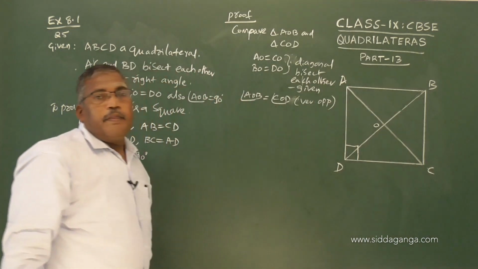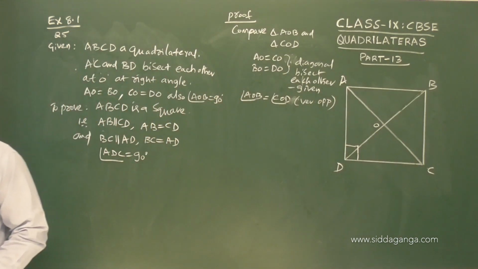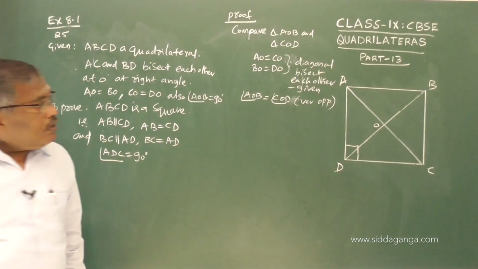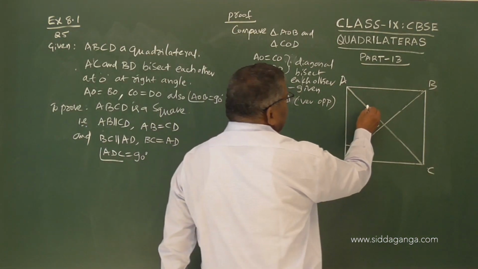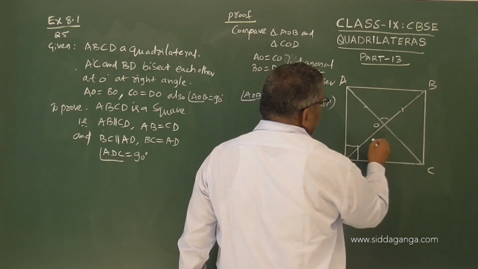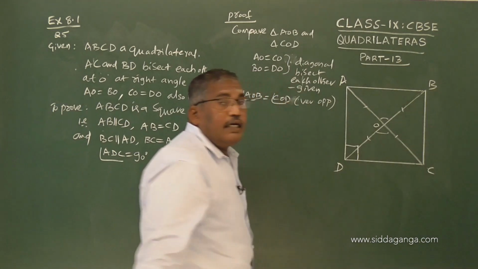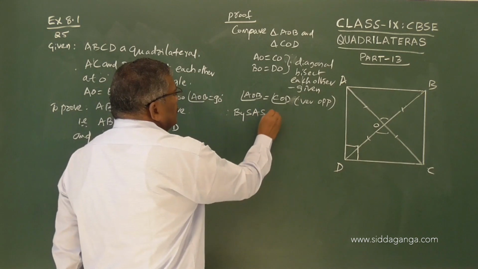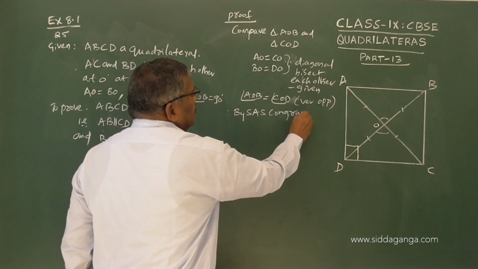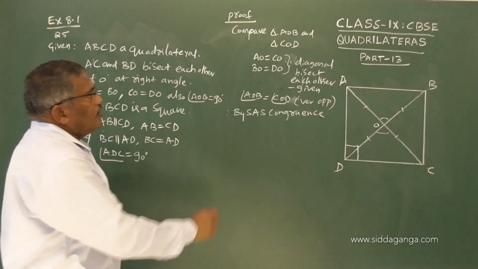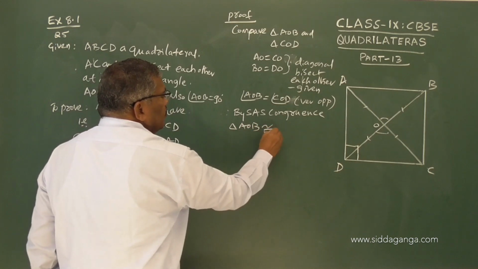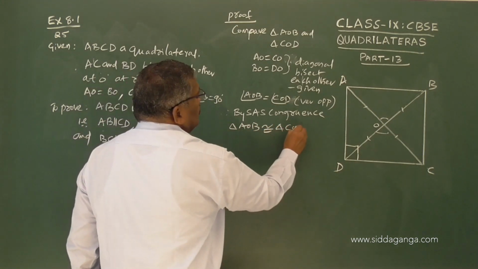So therefore, this is side angle side, by SAS congruence, we can say triangle AOB is congruent to triangle COD.